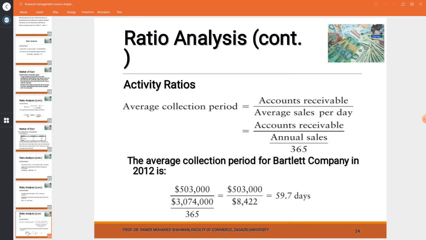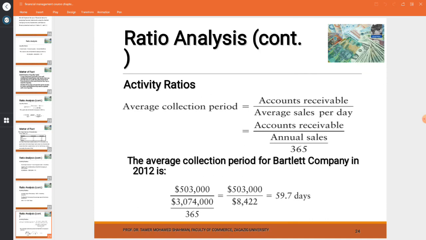Another ratio that could be used for assessing the activity is called average collection period. Average collection period equals accounts receivable divided by average sales per day.